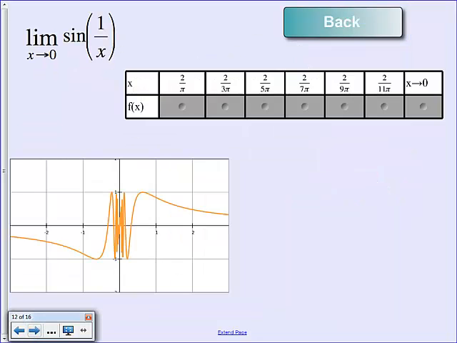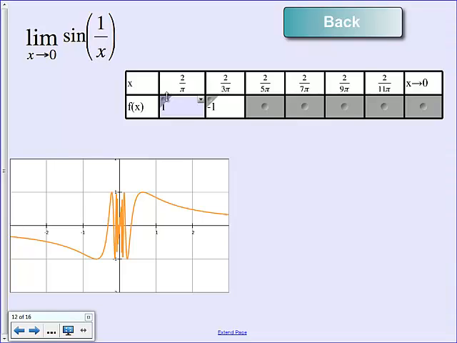Okay, last one. Here, if we look at this, I've got sine of 1 over x. Well, this again is one of those oscillating behaviors like I was talking about, as x approaches 0. At 2 over pi, it is 1.